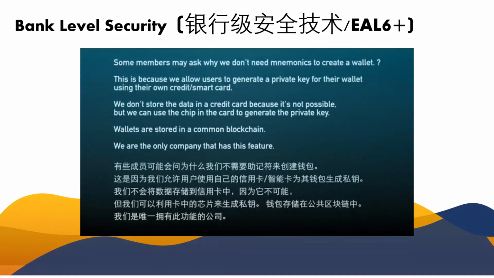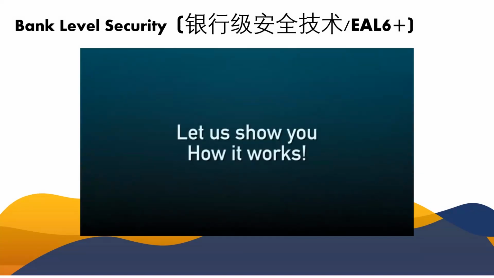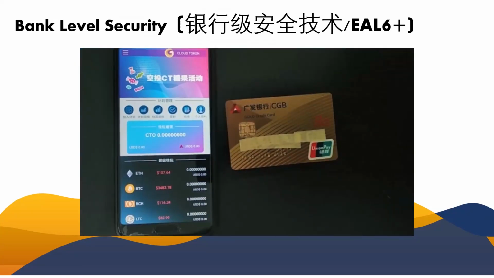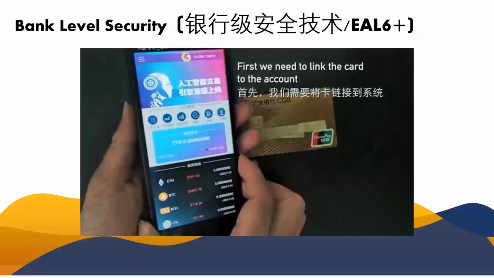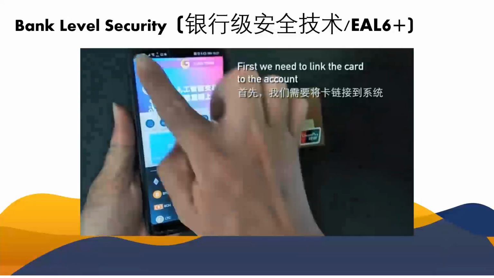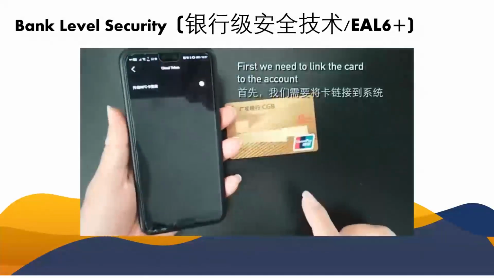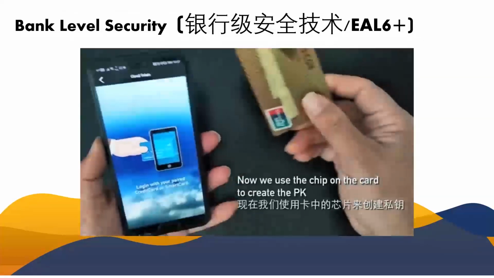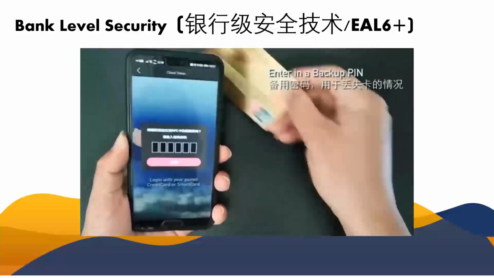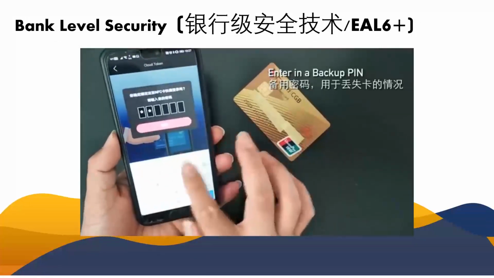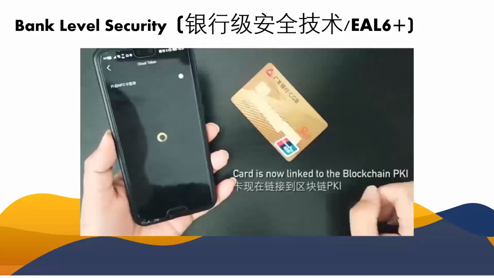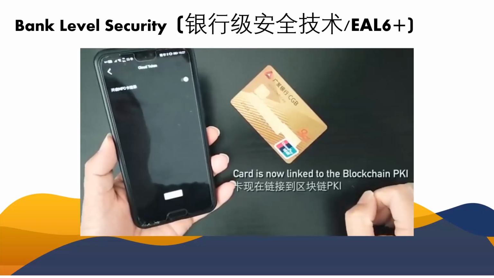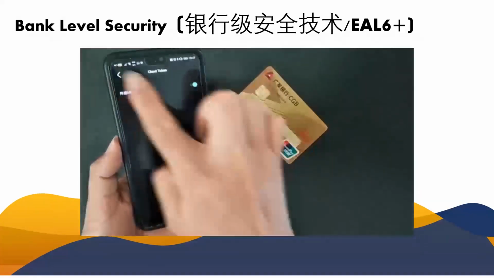So this is a video of our card security, which we're going to launch during May 12th. I think this video, all of you have seen it. So basically what we did was, for the card itself, we are using the randomizer to generate the public key.